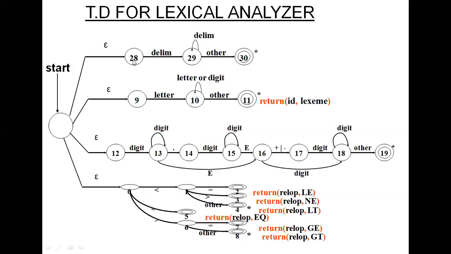This 28 is an initial state to the delimiter, 9 is an initial state to the letter, that means identifiers, 12 is an initial state to the unsigned identifiers, and 0 is the initial state to the relational operators, right?